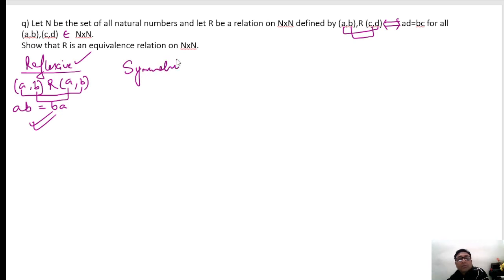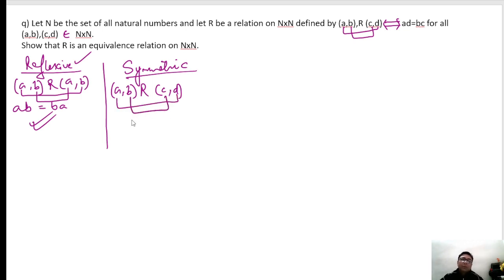Now come to the symmetric part. So the symmetric part says that (A, B) R (C, D) means I have to multiply these two and these two and they are equal. AD is equal to BC.